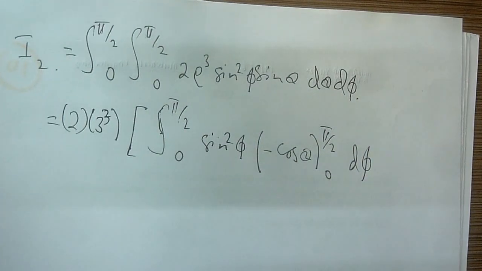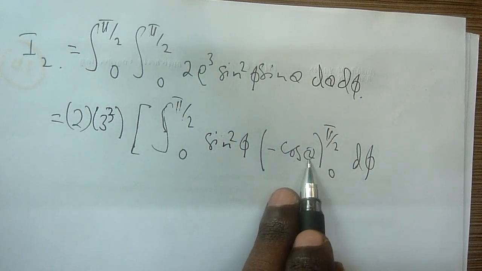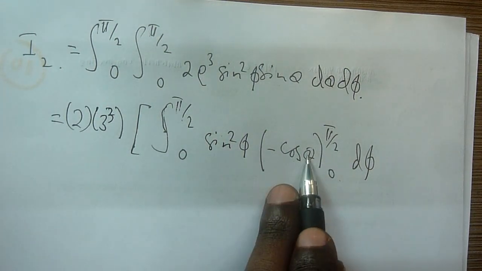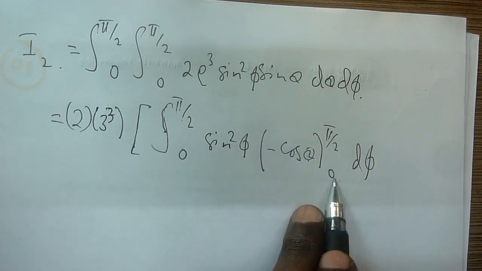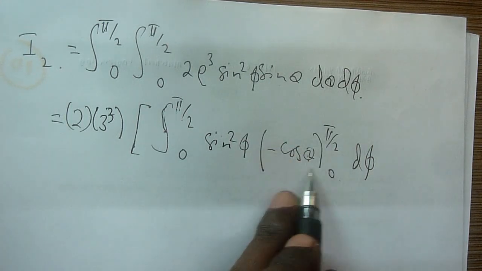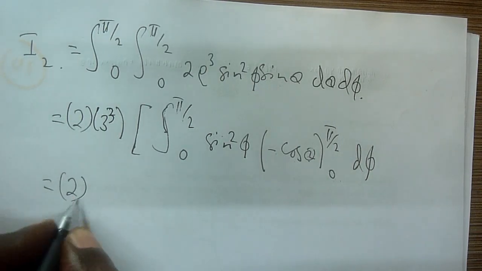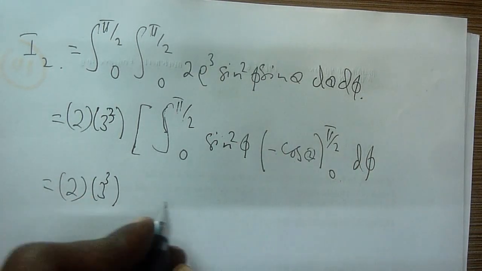When you enter pi over 2 and 0, you will get a positive 1. Done. This portion never disturbs you. It's still 2 over 3 over 3.